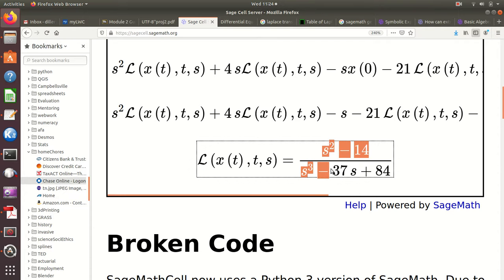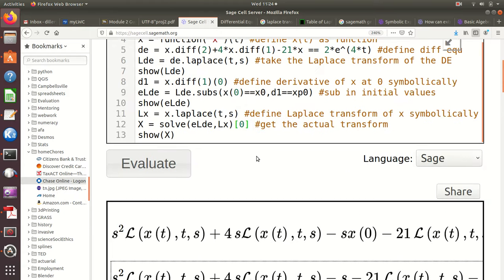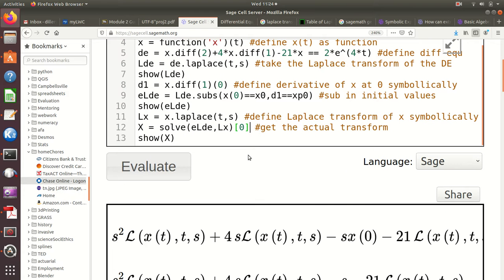Now I want the right hand side over here. Sage has a nice way of doing that. You just tell it dot right hand side. In this case you need to open parentheses because it's a function.